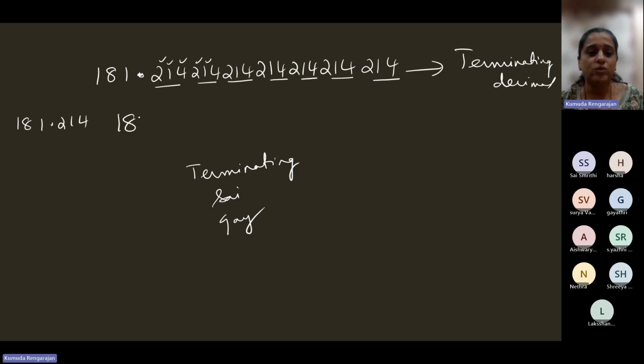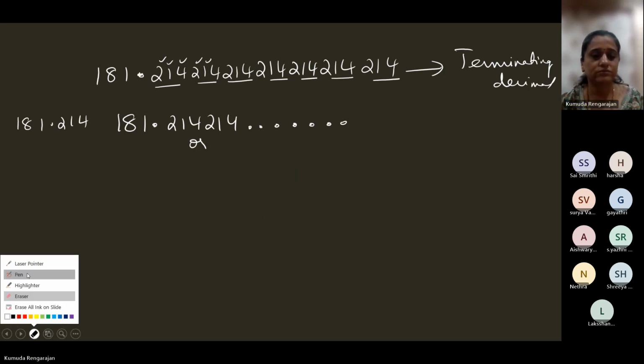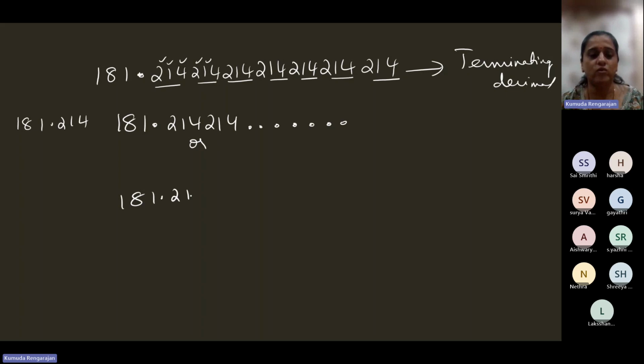Now, when we write this as 181.214 and dots like this, or 181.214 and a bar like this, these two are the same. Both represent the same.